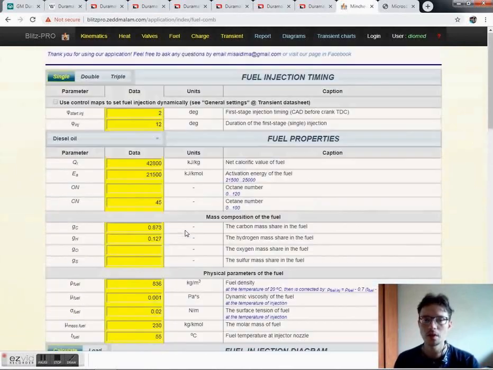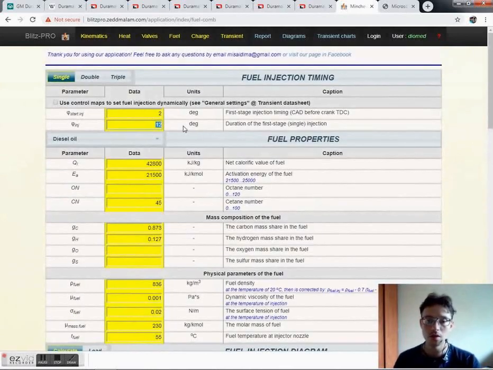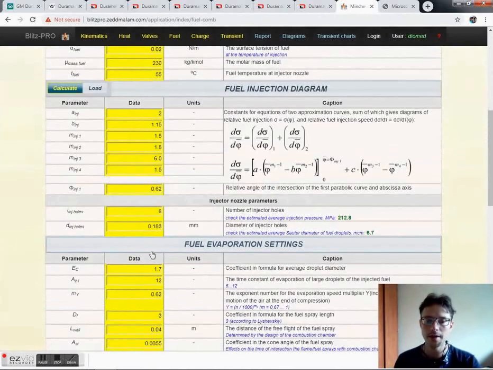For example, we can set the duration of injection to 10, and it could be a 6-hole fuel injector. So we can check here the estimated fuel pressure in the common rail, and you can see it exceeds 3,500 bars.